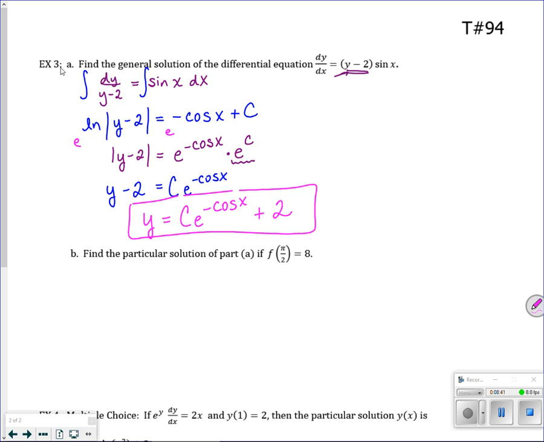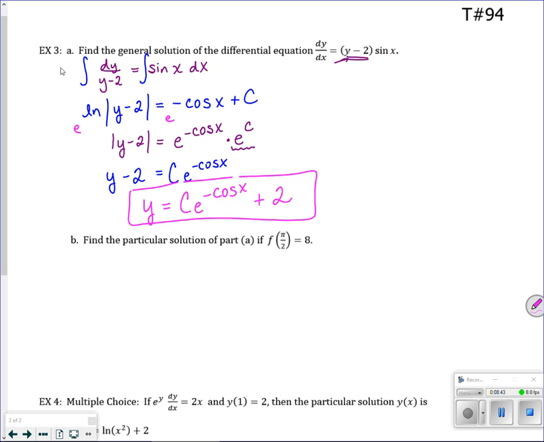Now part B says, okay, with that differential equation, find the particular solution if f of pi over 2 is equal to 8. So in other words, if I put in pi over 2 for x, I should get out 8 for y. So let's see what I have.